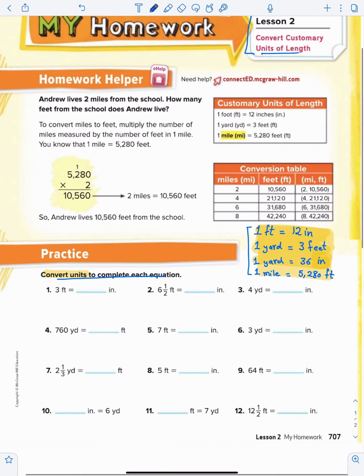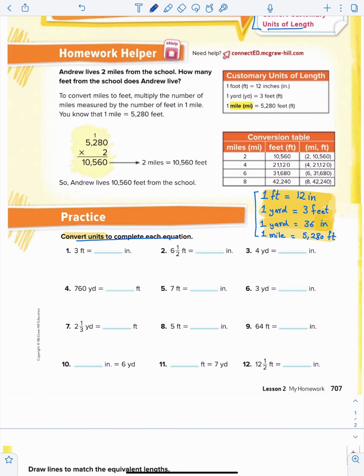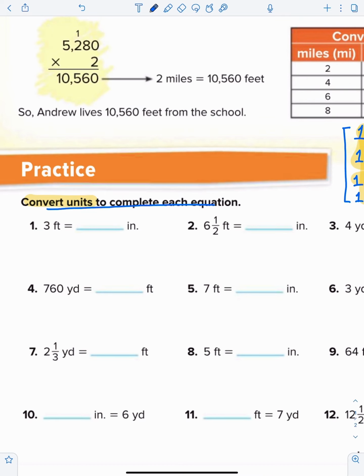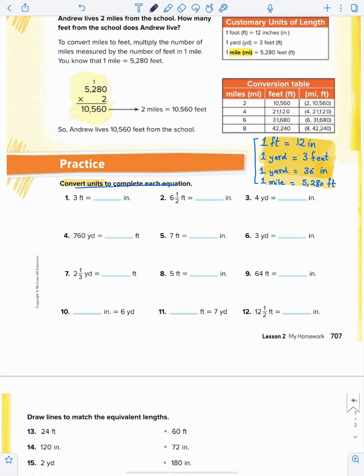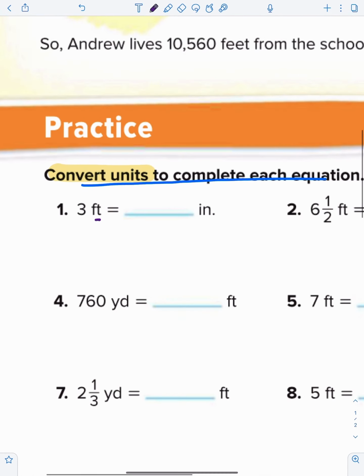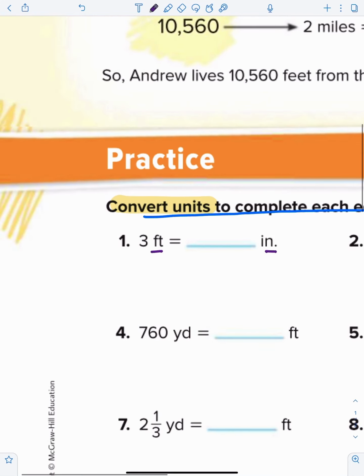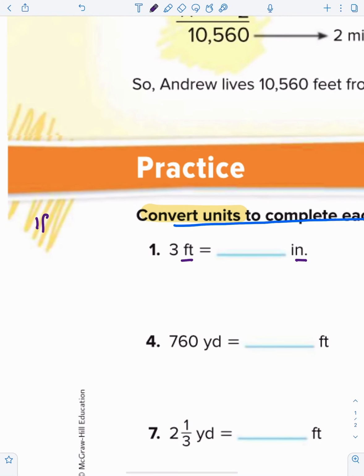Now, how can I solve these questions? I will show you. For example, here I have 3 feet equals how many inches? The first step, you need to write the relationship between feet and inches. Always, you should write the conversion factor first. I know that 1 foot is equal to 12 inches, right? So if 1 foot equals 12 inches, then 3 feet is equal to what?